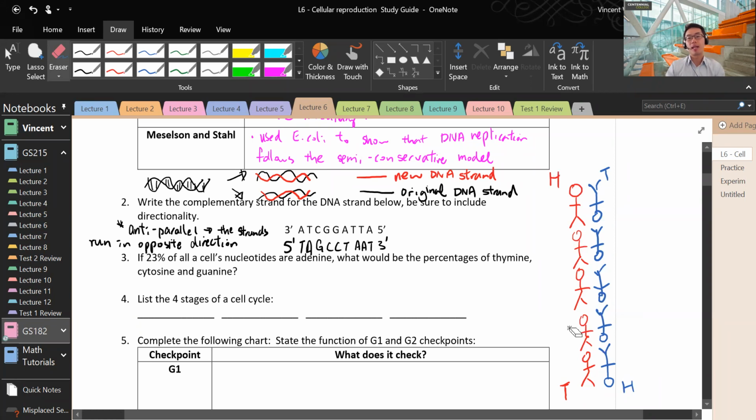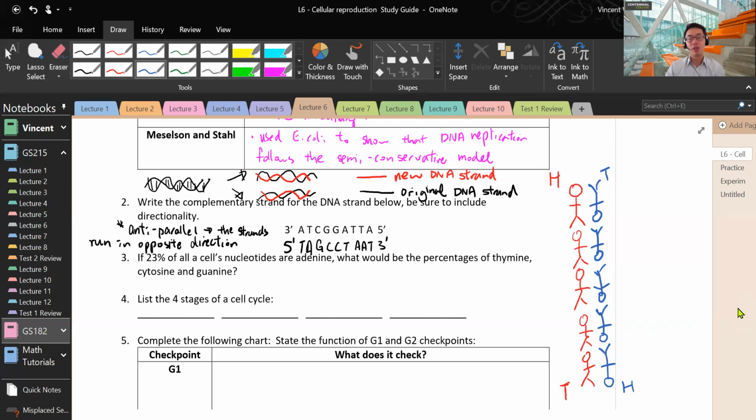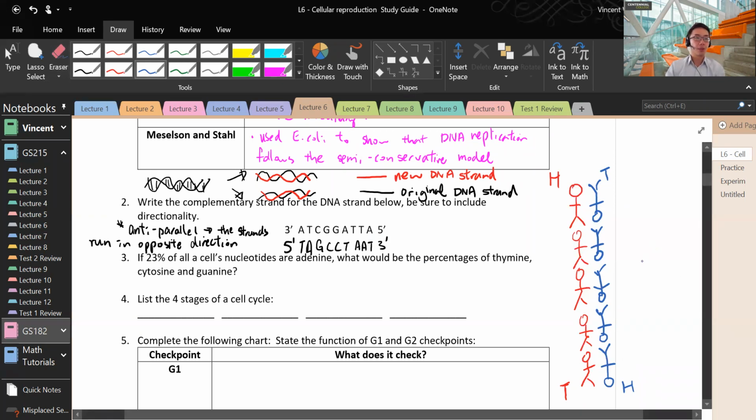From one side, we have head to toe. From the other side, we have toe to head. But in a DNA strand, there's no head and no toe. So instead of saying head to toe, we say 3 to 5, and on the other one it's 5 to 3. Exactly what the 5 and the 3 mean, don't worry about it. We don't have to know it for this course. But it's anti-parallel. One strand is upside down relative to the other.